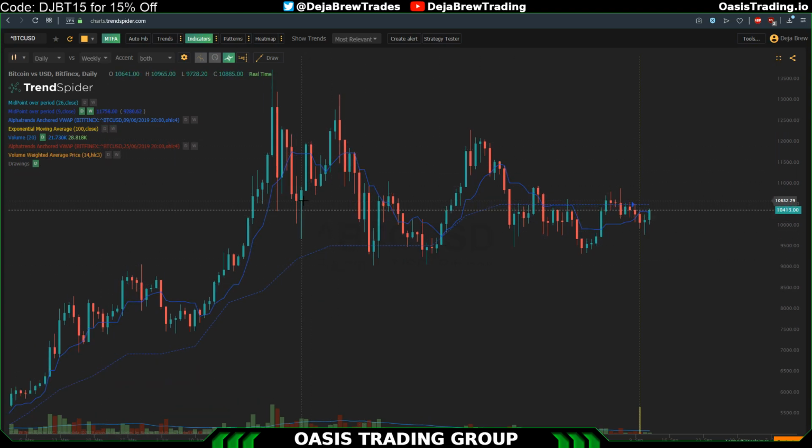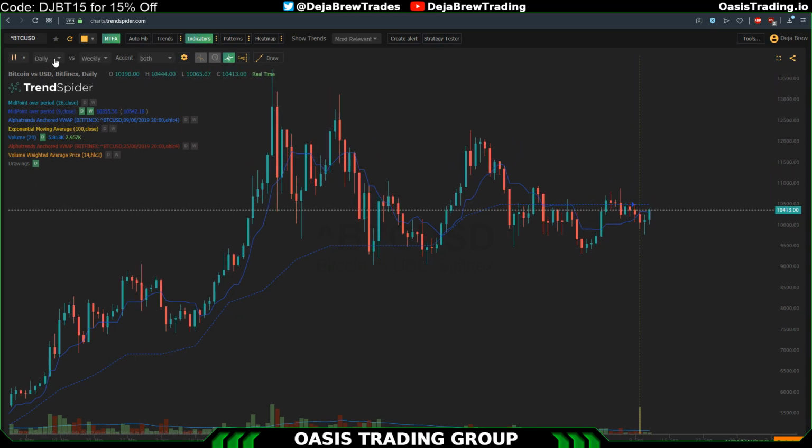What you're also going to see is the shorter time frame is going to have the full line, and the longer time frame is going to have the dotted line. They also have little arrows on the end too. So this is my daily, this is my weekly, and then you have the dotted line or the arrow there to show you that that's the weekly.